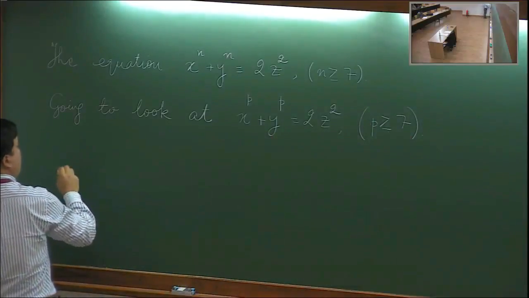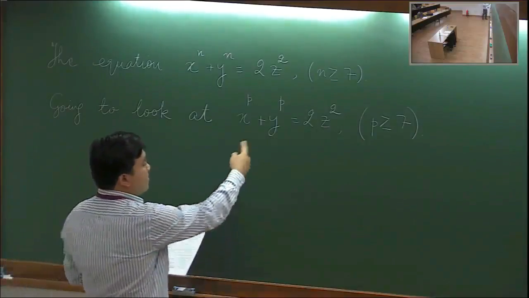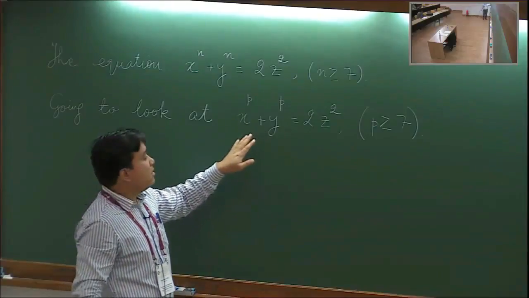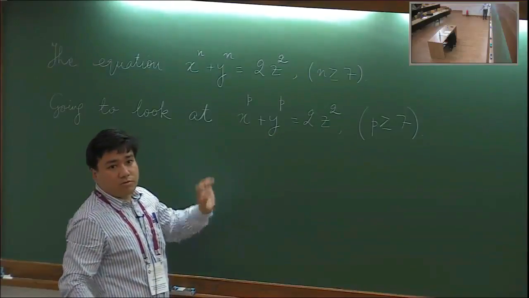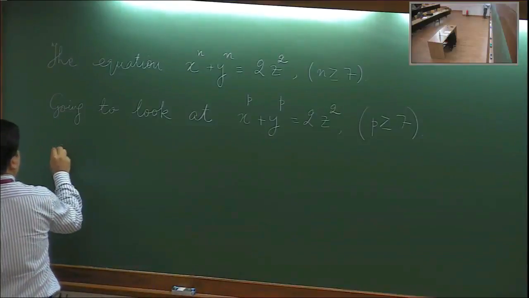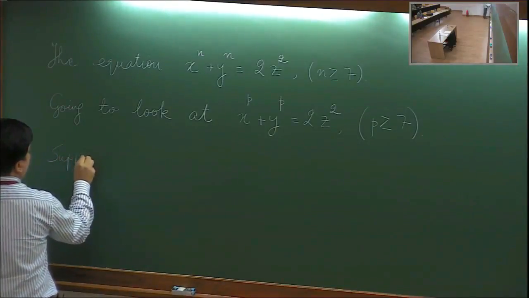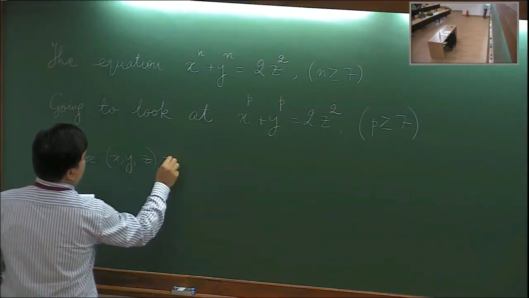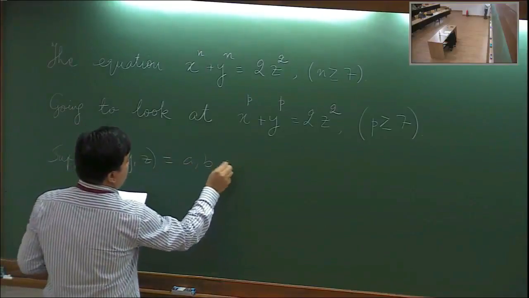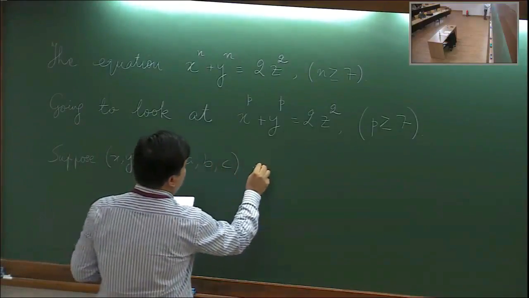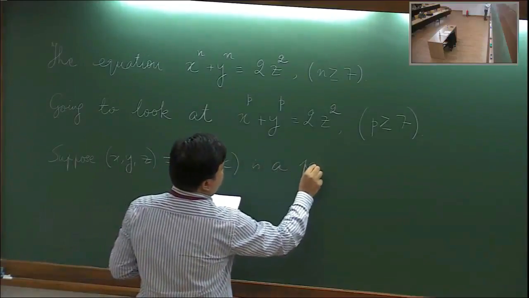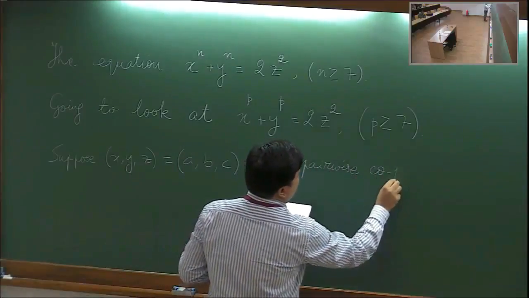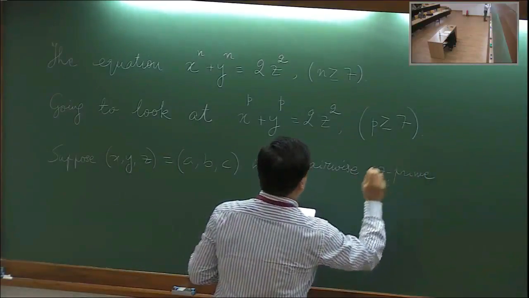So suppose I'm going to assume that this has non-trivial solutions, which means they are pairwise coprime and the product xyz is not equal to 0. Suppose (x, y, z) equals (a, b, c) is a pairwise coprime solution.